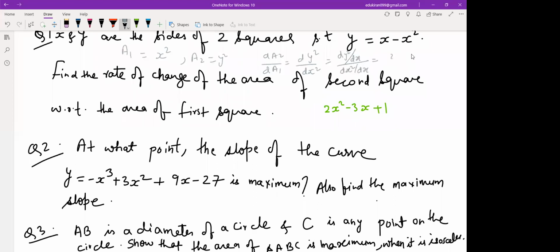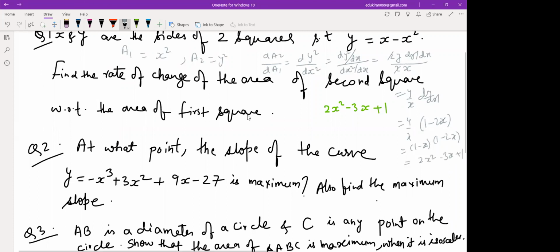It will be 2y dy by dx, and here it will be 2x. So 2 cancels and you will get y by x into dy by dx. Now what is dy by dx? It is 1 minus 2x. And what is y? x minus x square. So x will cancel and you will get 1 minus x into 1 minus 2x, which is 2x square minus 3x plus 1. Yeah, fine. So the first one is okay.